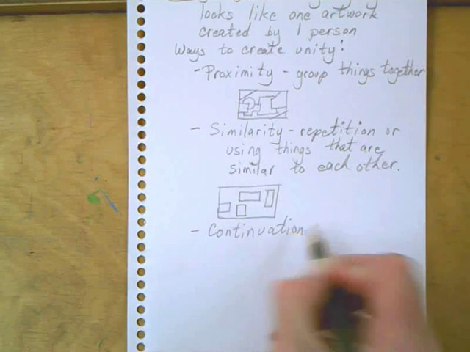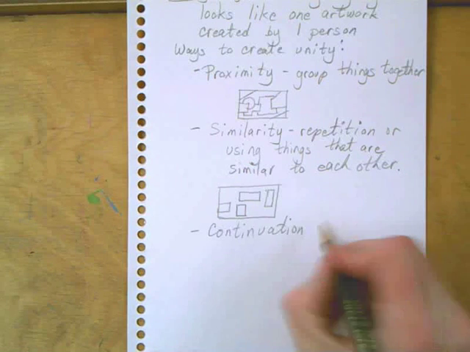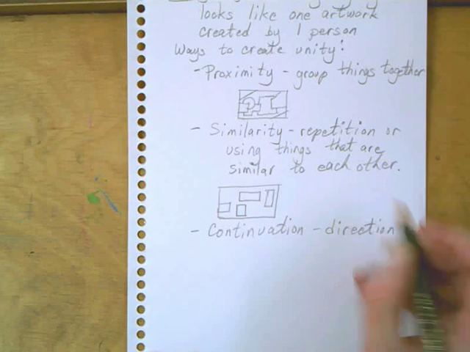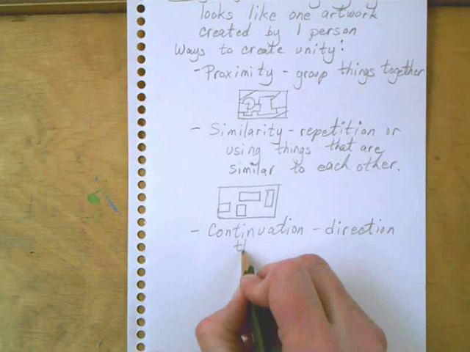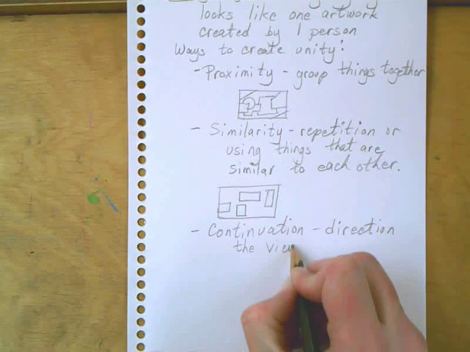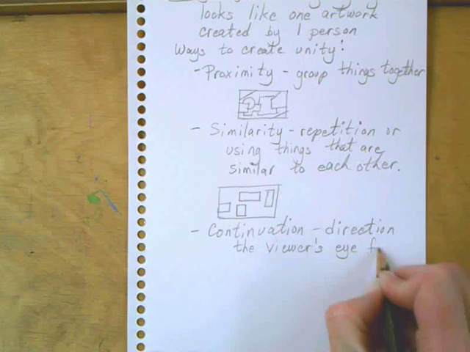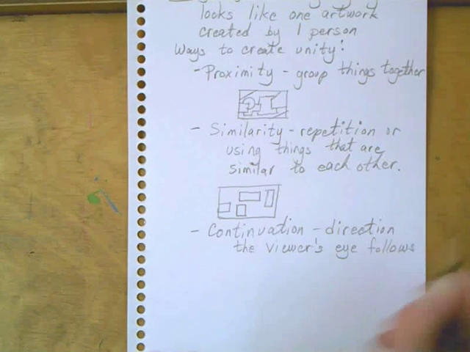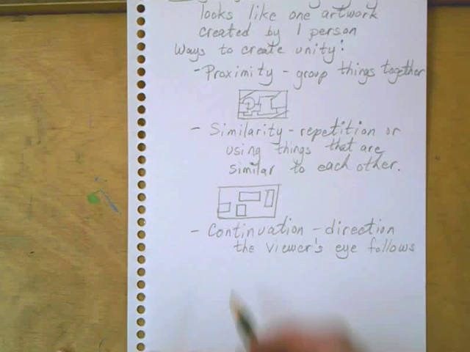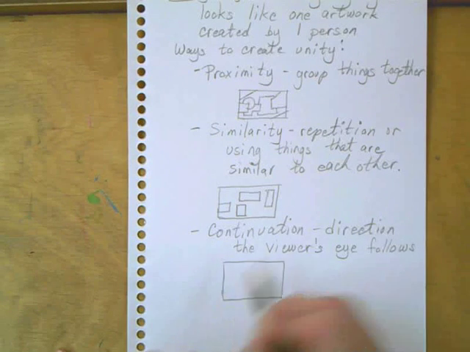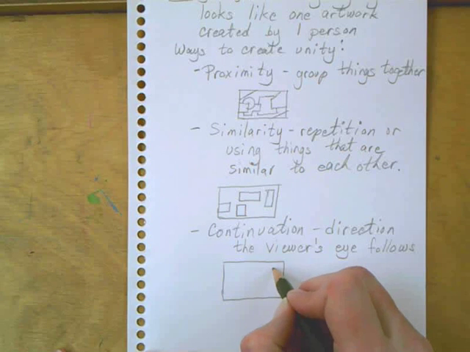And the last thing to create unity is what's called continuation. This is the direction your eye follows. Direction the viewer's eye follows. You have to figure out which direction the viewer's eye flows.